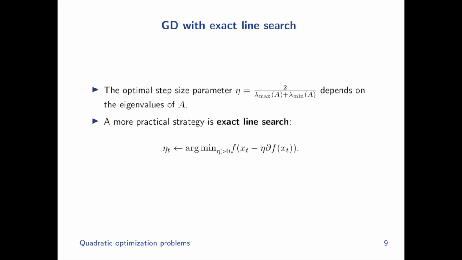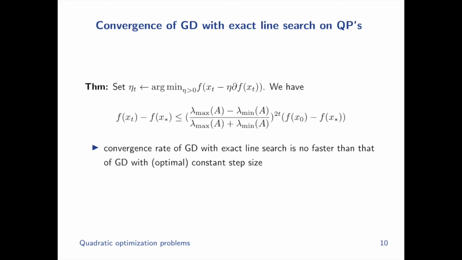And the scalar optimization problem is generally easier to solve than a big multivariate optimization problem. The exact line search just means find the exact minimum of this function restricted to the search direction. And for quadratic programs, this is possible. In fact, you can get a closed form solution. And so let's see how this version of gradient descent does.